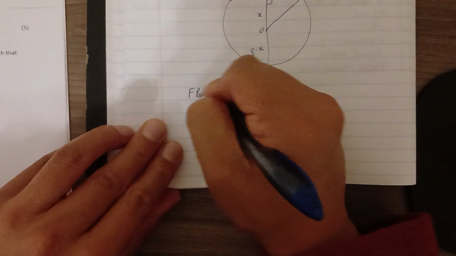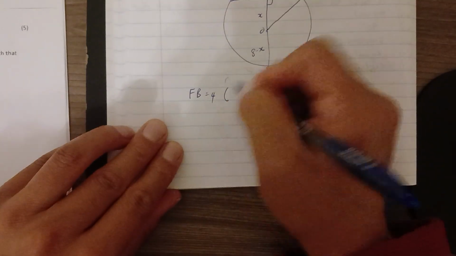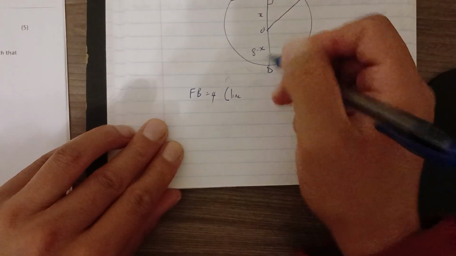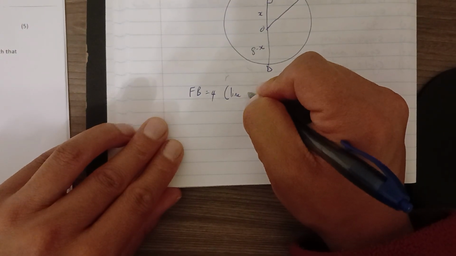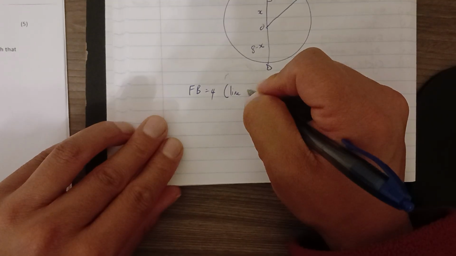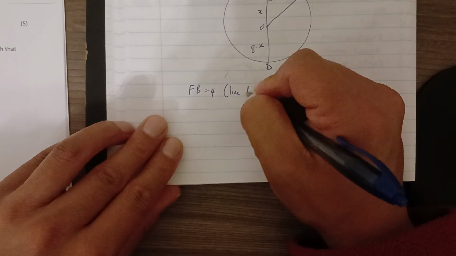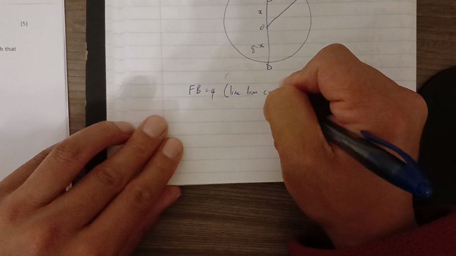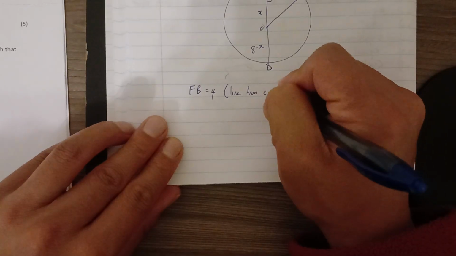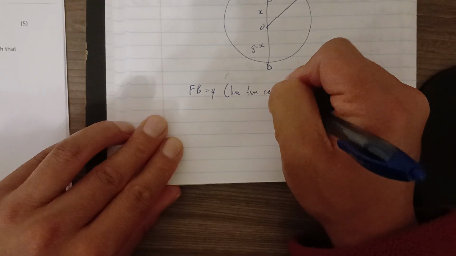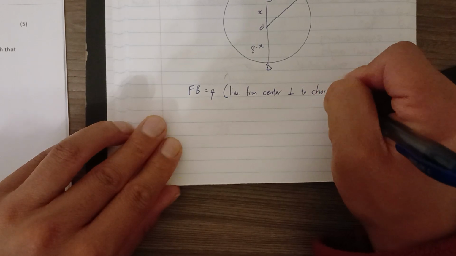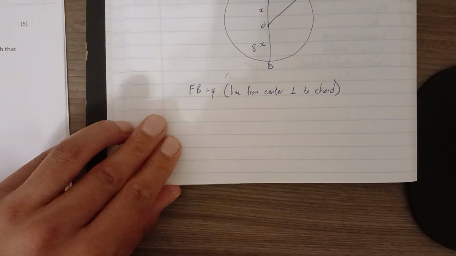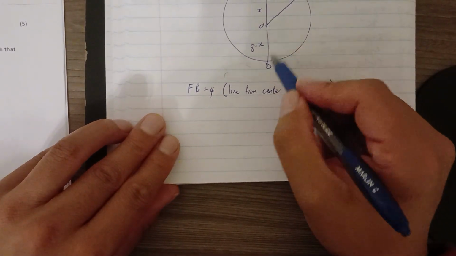Okay, so let's write that. So if FB is equal to 4, okay, yeah.